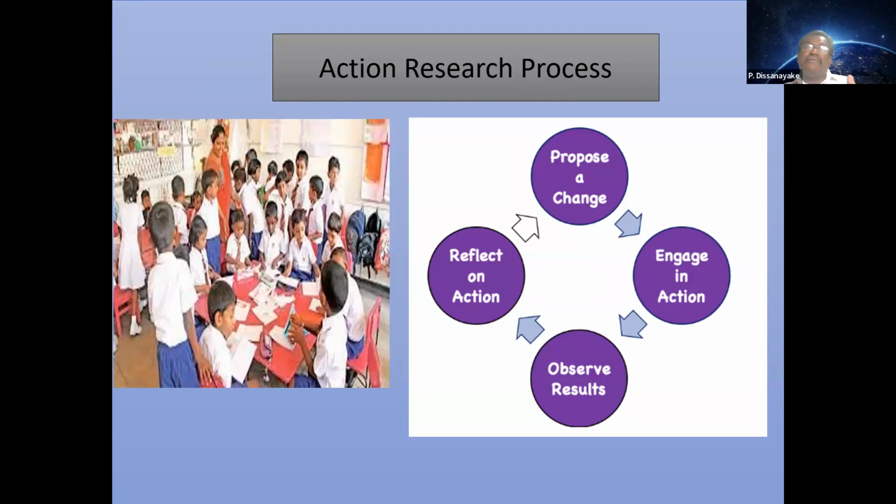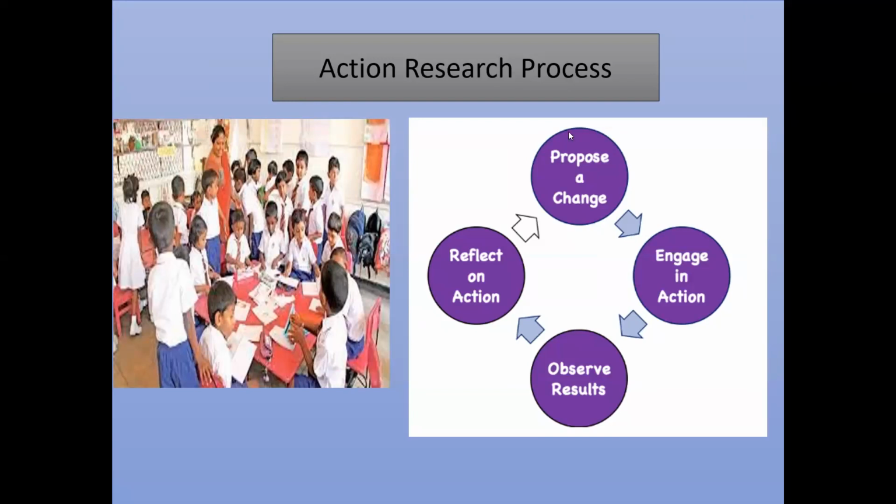So you reflect and make changes, and this circular path continues. This is classroom action research. You propose a change, engage in action, observe results and reflect on the change or action. Yes, Hiruni, you are right, Bhagya, this is the intervention process. It's not an experimental study.